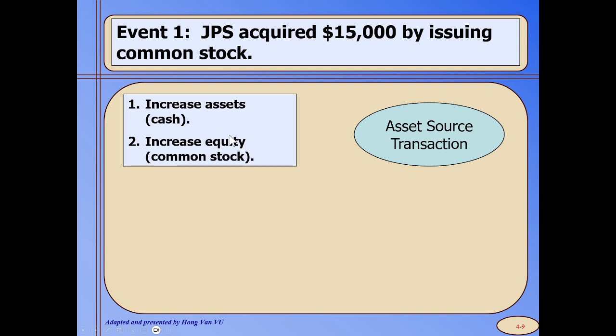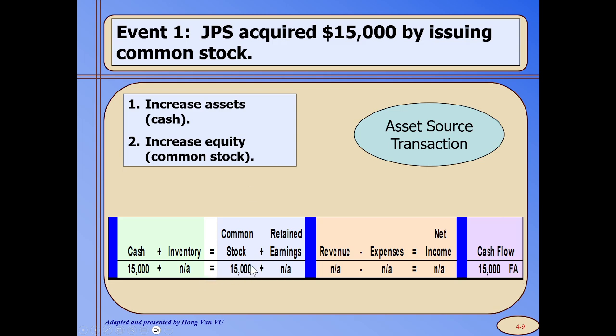It is classified as an asset source transaction. Here is the effect of this transaction on the financial statements model, right? So we have a cash increase of 15,000, inventory has no effect, the stock increases 15,000, and the cash flow from financing activity is an inflow of 15,000.